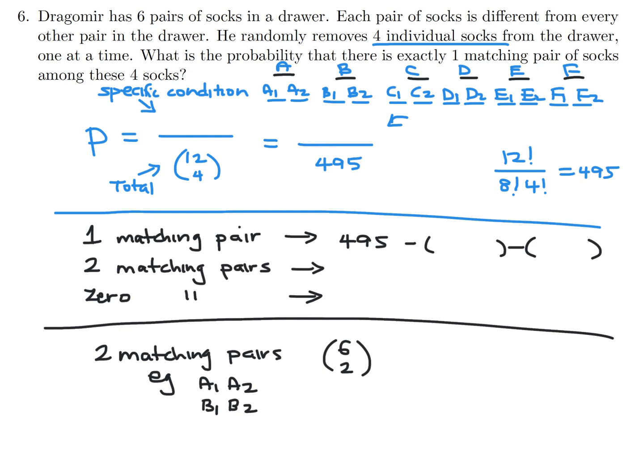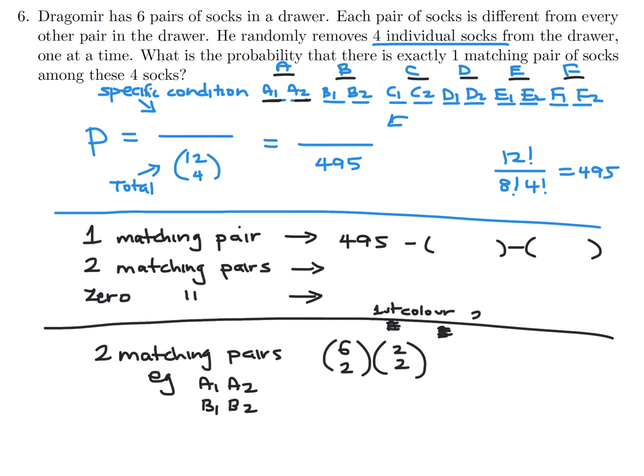And then from each, for the first color, it has 2 socks. So from those 2 socks, choose both of them.